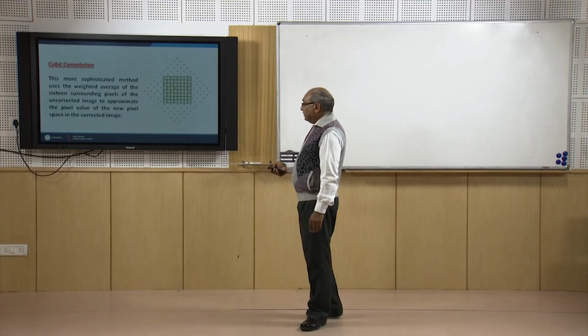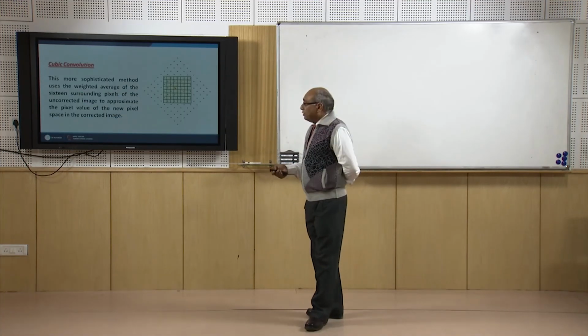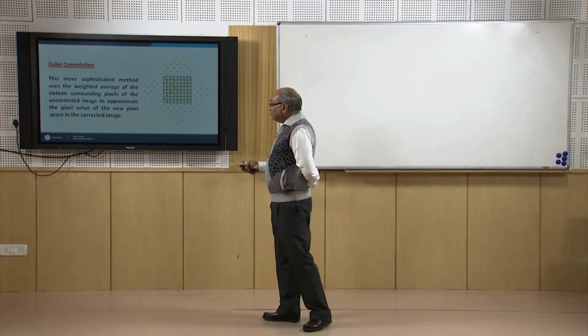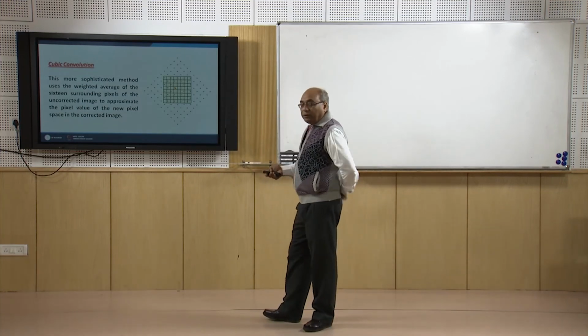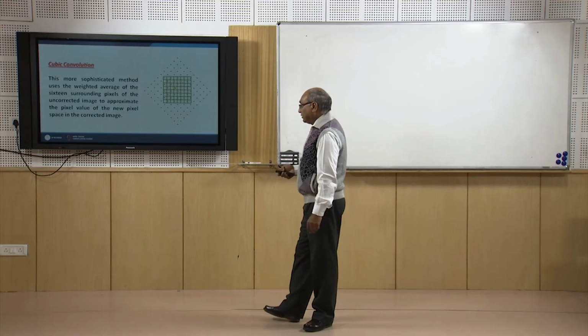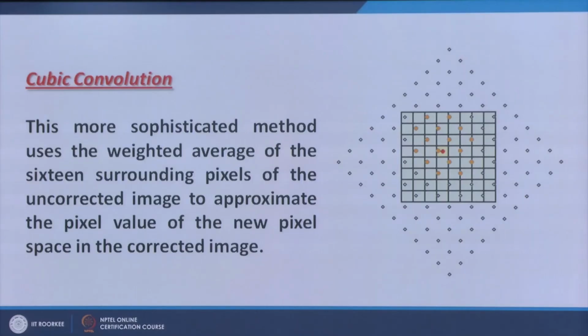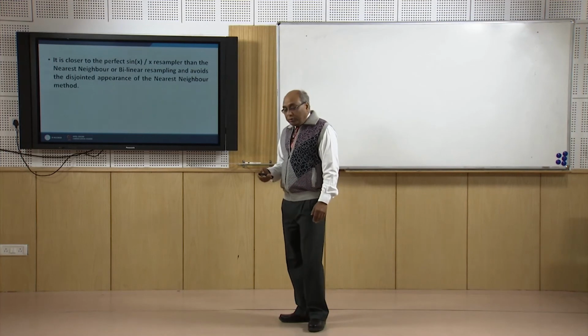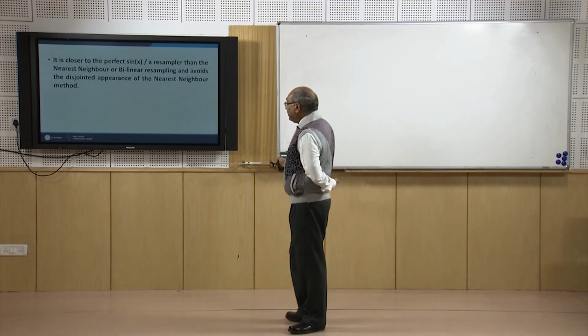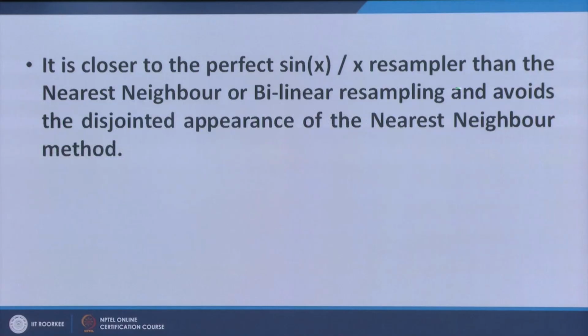And the last one in this resampling technique is cubic convolution, a more sophisticated method, because it involves the 16 surrounding pixels of the uncorrected image to estimate the pixel value for the target pixel. And therefore of course it is much more computer intensive, but it is closer to the perfect sin x over x resampling than nearest neighbor or bilinear, and avoids a disjointed appearance.